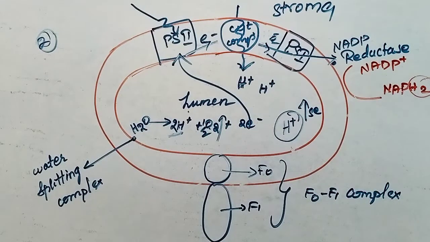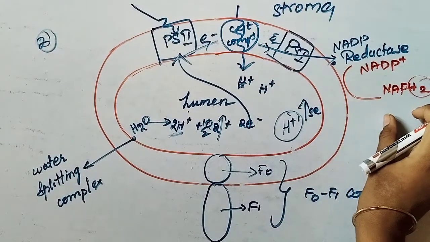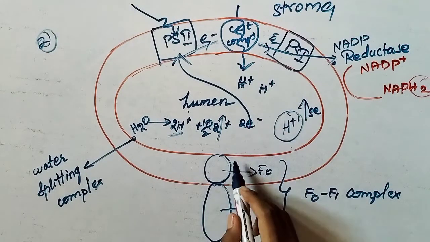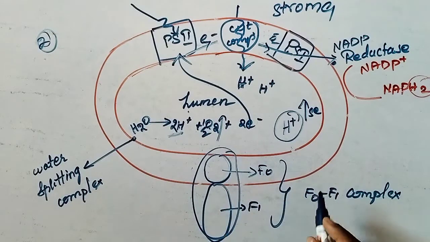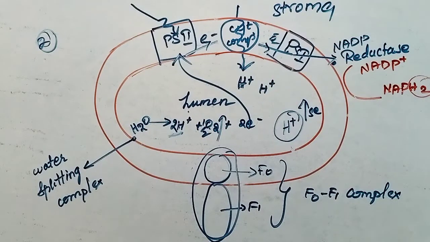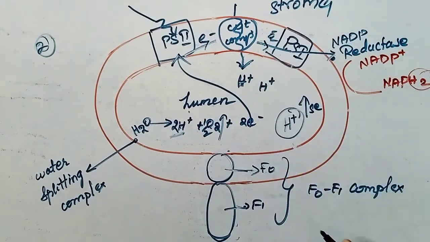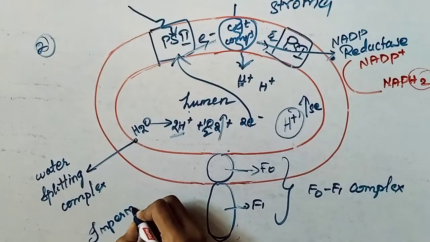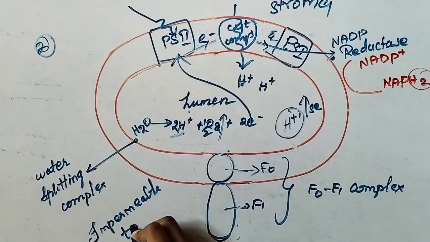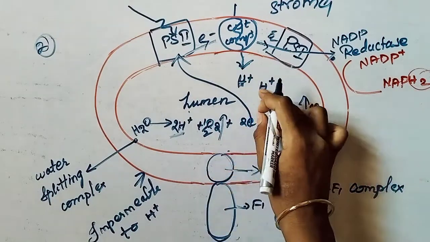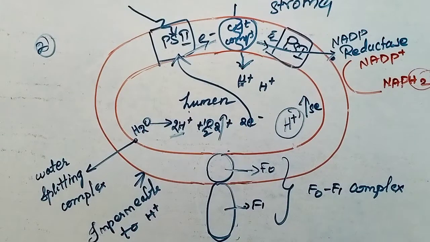I asked you a question, where does this hydrogen come from? That hydrogen comes from this complex. This thylakoid membrane is impermeable to H plus ions, but this complex is permeable to H plus. So these carriers carry the hydrogen from the lumen to the outside, to the stroma.